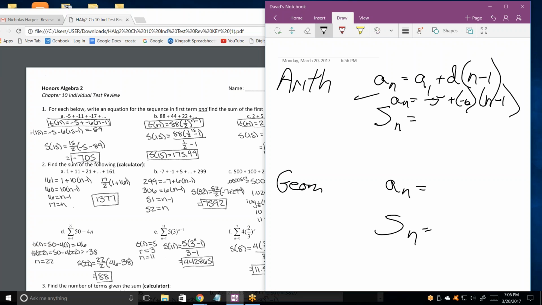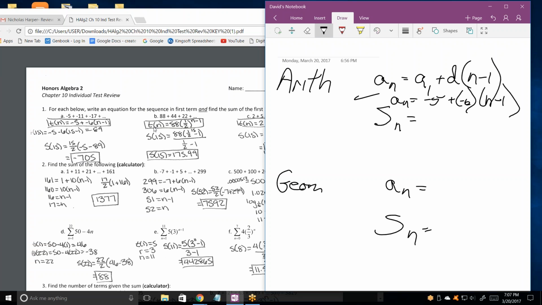Now this allows you to calculate any term you want. If they want to know the 15th term in the sequence, which she's calling t of 15, I would call that a sub 15, equals -5 minus 6 times 15 minus 1.